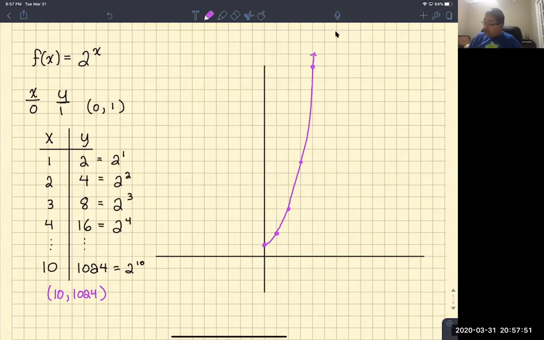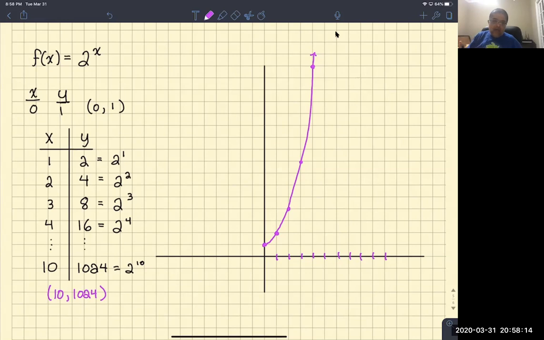So that's pretty important to think. By just moving 10 spots on the x-axis, I have to go up 1024 spots on the y-axis to be able to plot this point. So in 10 movements on the x-axis, this graph shoots up 1024 spaces on the y-axis.